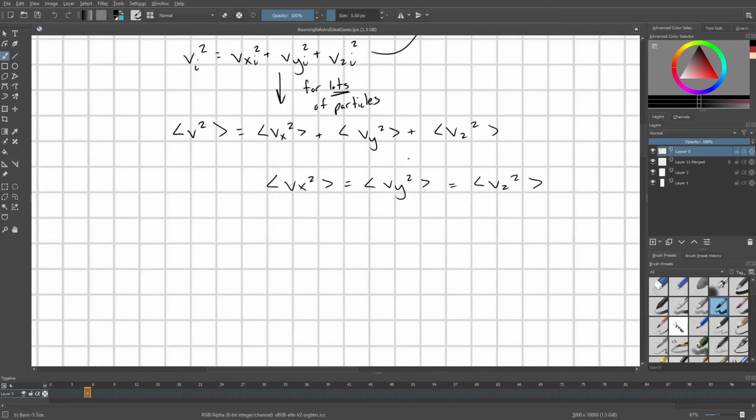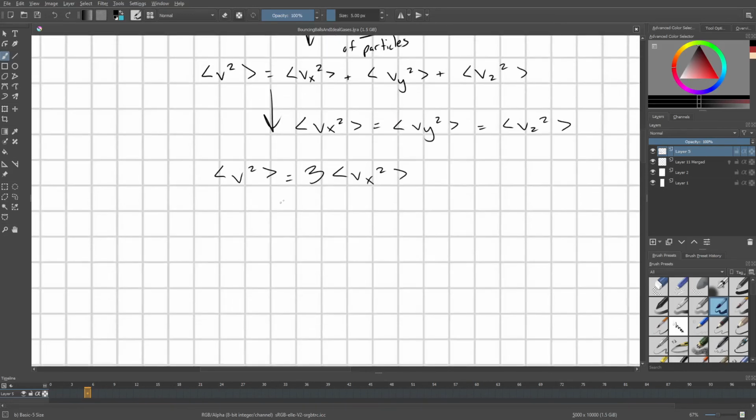So with this, we can rewrite this equation up here as just 3 times the mean square of the x velocities, because these 3 are equal to each other.